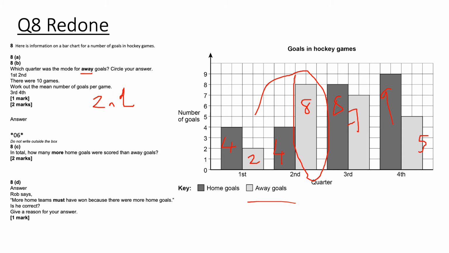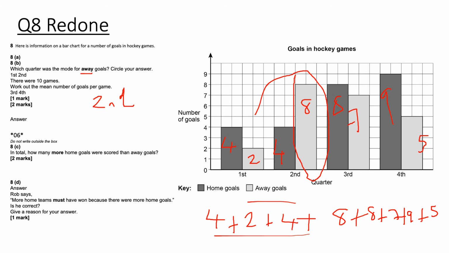Adding all this together and dividing it by 10: 4 plus 2 plus 4 plus 8 plus 8 plus 7 plus 9 plus 5. Dividing by 10 because there were 10 games in total.